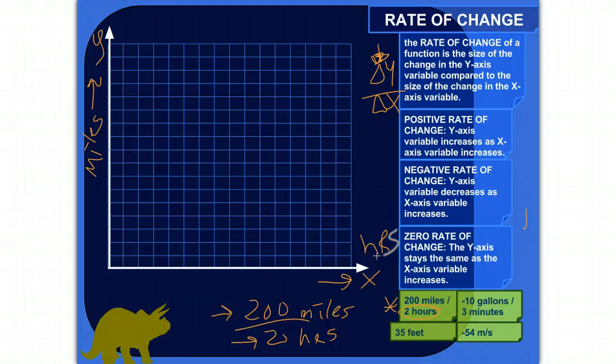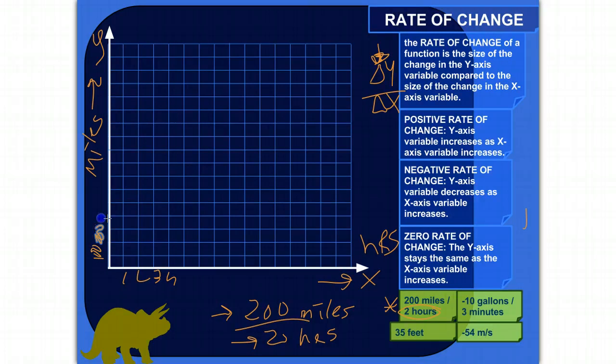So if I wanted to graph that, I could just label some points here. Say it's 1 hour, 2 hours, 3 hours, 4 hours. And then let's make the scale of the y-axis so I can fit all this on here. Let's say that's 100 miles, and that's 200 miles, and so on.